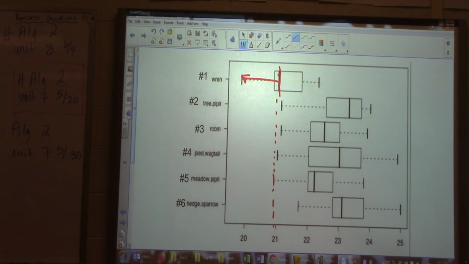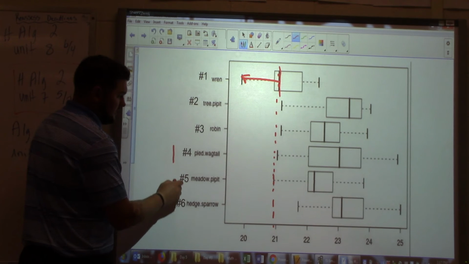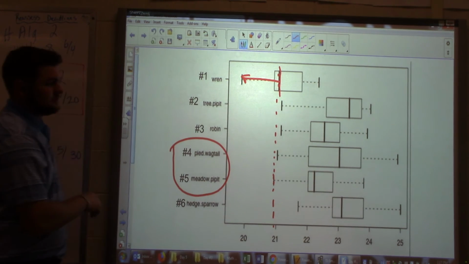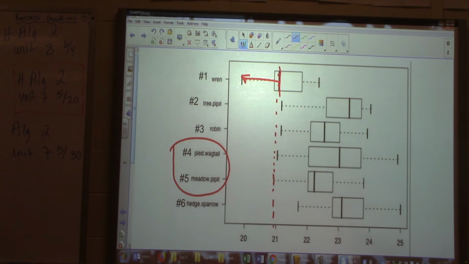And lastly, C. Compare the plaid wagtail and the meadow pipit. Which has a greater overall egg length and why? So we're looking at these two. Isn't it an opinion question here? I mean, it is, but there's really a correct answer to it.